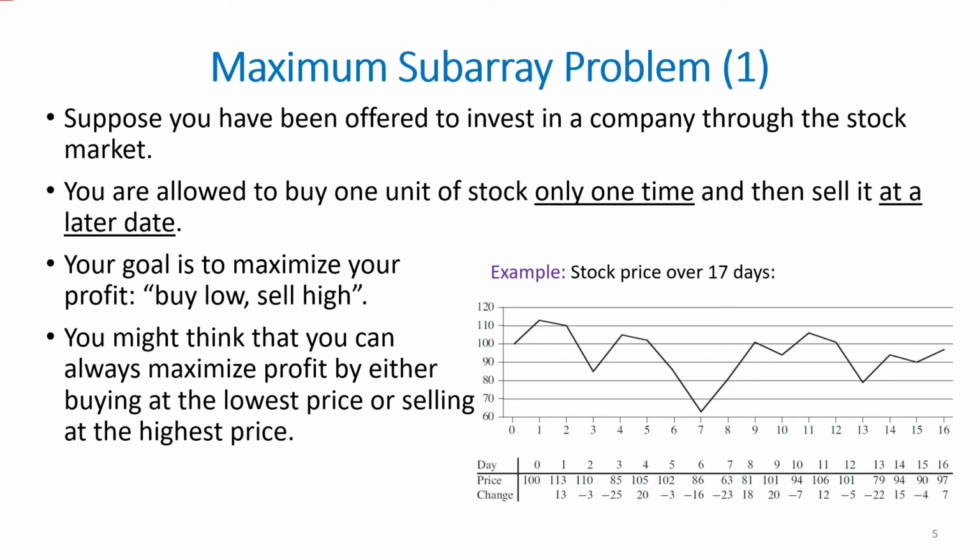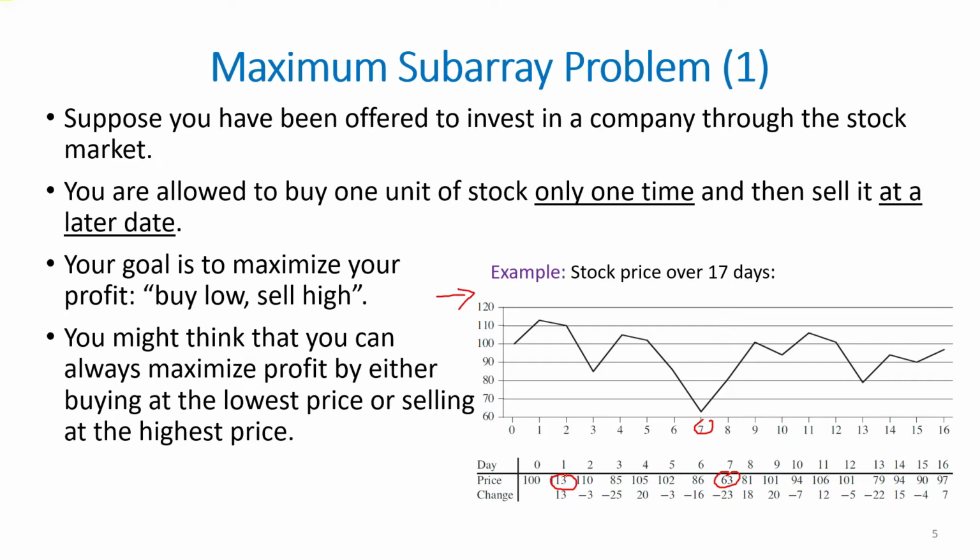So, if you are given this chart for the stock price over a period of 17 days, you see that the best time to buy the stock is on day 7, where the price is $63, and the best day to sell it is day 1, where it costs $113. Well, unless you can travel back in time, it is impossible to sell the stock on day 1 before buying it on day 7.